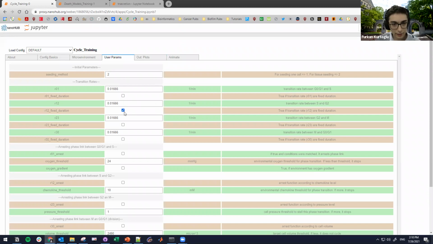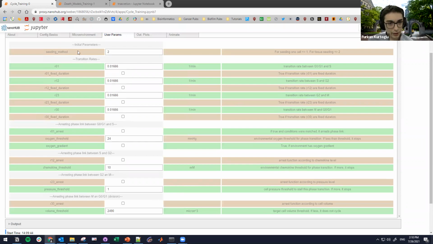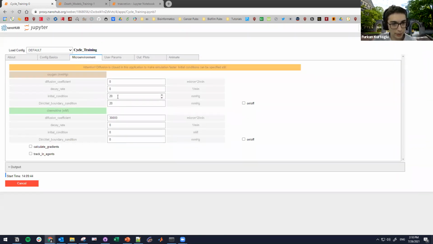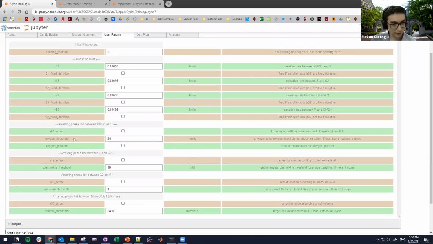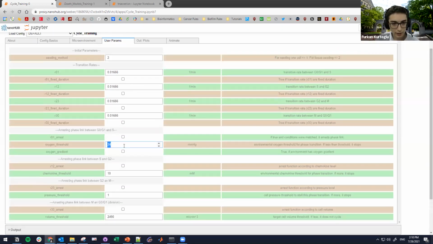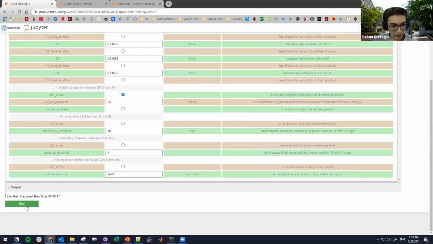So okay, let's try the arrest function then. In here, in the microenvironment, as you can see, we initialize with 20 millimeters of mercury, and we said that if the oxygen is not greater than 24, then arrest this phase transition.